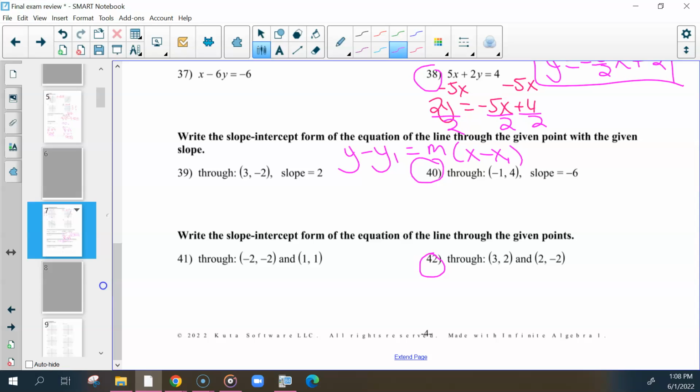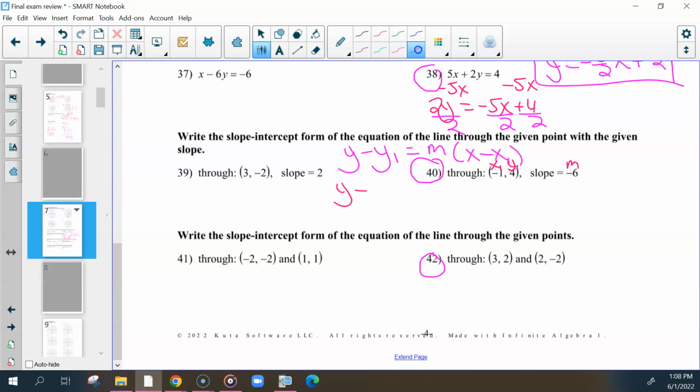So for number 40, you are given a slope, you're given a point. If you want to or need to label them as x1, y1, and m, you can do that. And then we're going to put the point and the slope into this format.